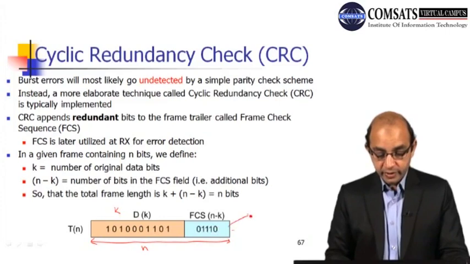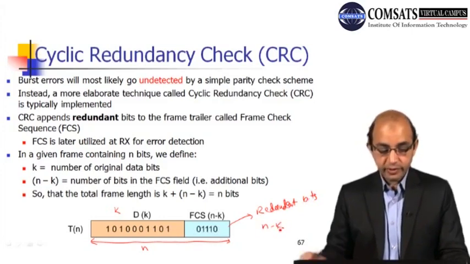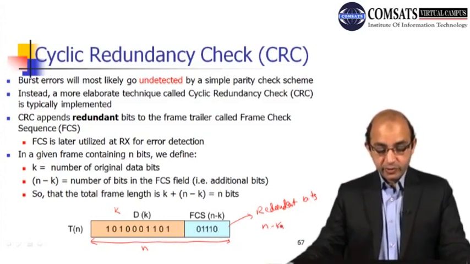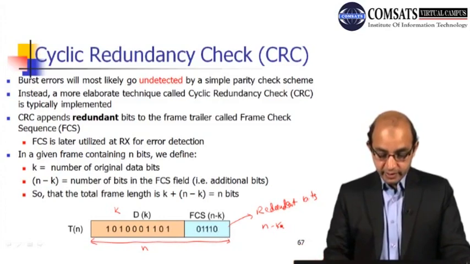These are the redundant bits, and that is equal to n minus k. So the total number of bits is n, right? If we solve this, k plus n minus k gives n.